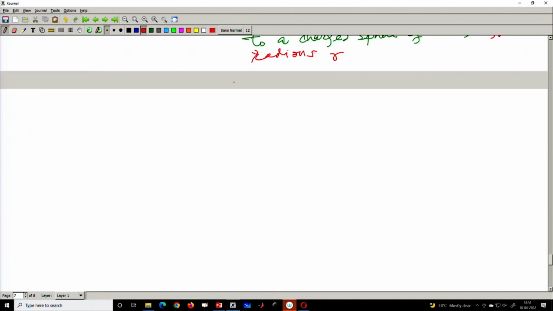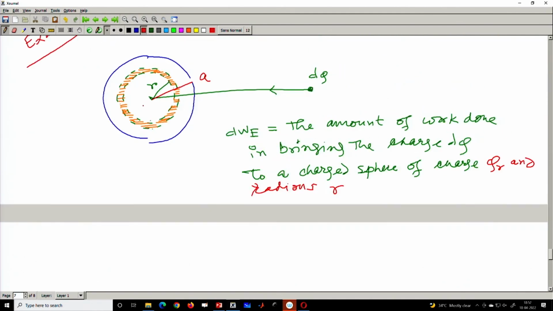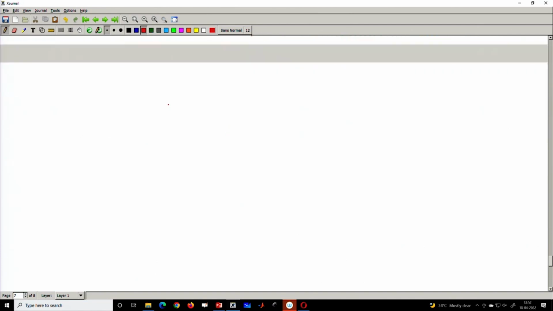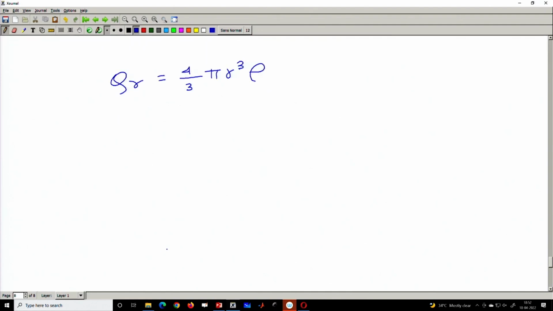Okay. So, first we calculate the amount of charge you already have. I am saying QR. So, what is the charge it already has? QR is simply 4/3 pi r cube times rho, since it is a uniform charge distribution, where rho is the charge density. The amount of work that we do is simply the potential that it is generating, that is QR divided by 4 pi epsilon 0 r, times the amount of charge I bring, dq.